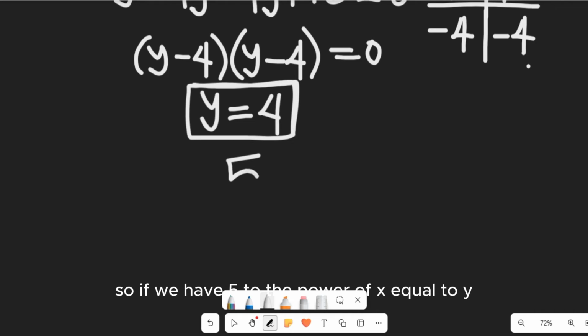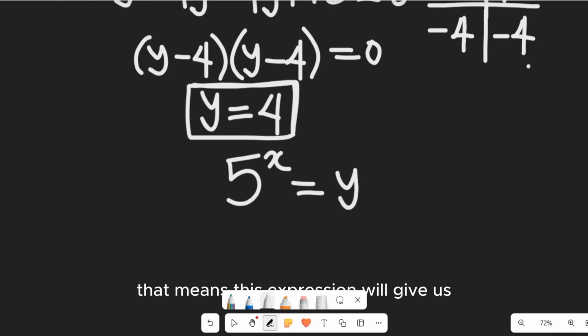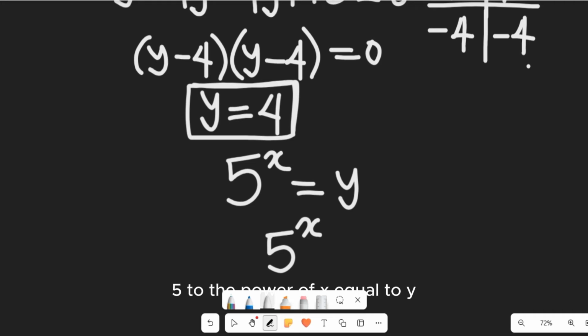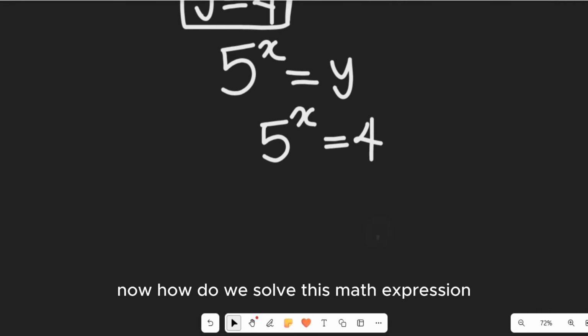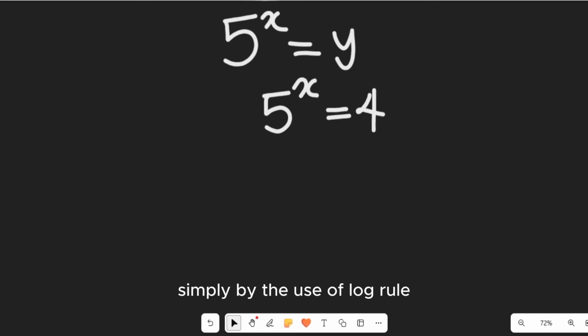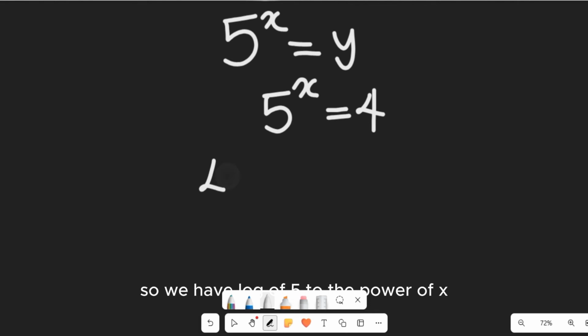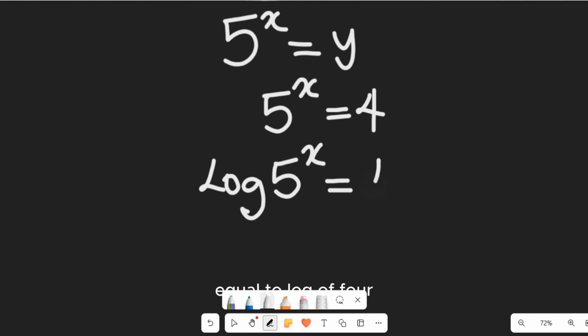So if we have 5 to the power of x equal to y, that means this expression will give us 5 to the power of x equal to 4. Now, how do we solve this? Simply by the use of logarithm. So we'll have log of 5 to the power of x equal to log of 4.